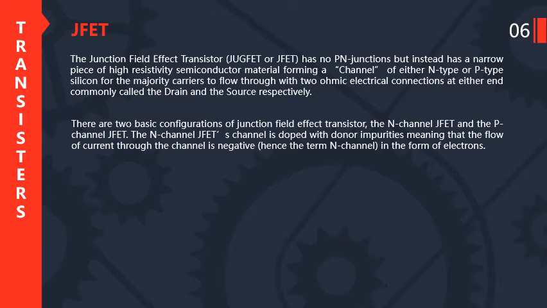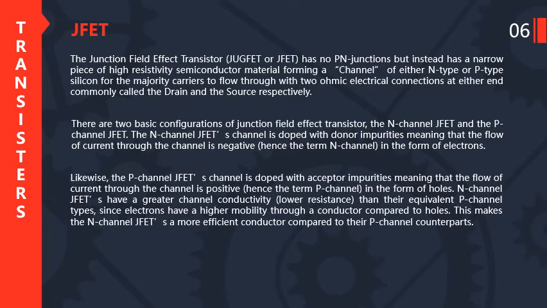The N-channel JFET channel is doped with donor impurities, meaning that the flow of current through the channel is negative, hence the term N-channel, in the form of electrons. तो N चैनल को हम N चैनल क्यों बोलते हैं? क्योंकि इसमें जो हमारा फ्लो होता है वो नेगेटिव चार्ज के थ्रू फ्लो होता है और जो चैनल है वो नेगेटिव होता है, इसीलिए हम इस चैनल को N चैनल JFET बोलते हैं। तो नेगेटिव चार्ज हमारा इलेक्ट्रॉन्स पे होता है, मींस ये जो JFET है ये फंक्शन जो इसका है वो डिपेंड करता है इलेक्ट्रॉन्स के फ्लो पे। सो दिस इज कॉल्ड दी N channel junction field effect transistor.